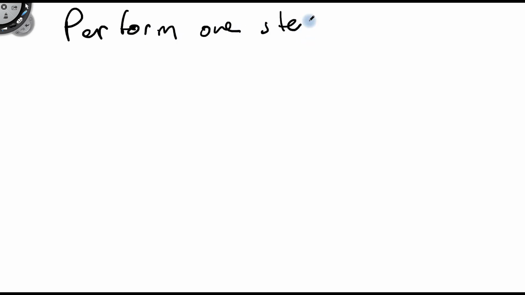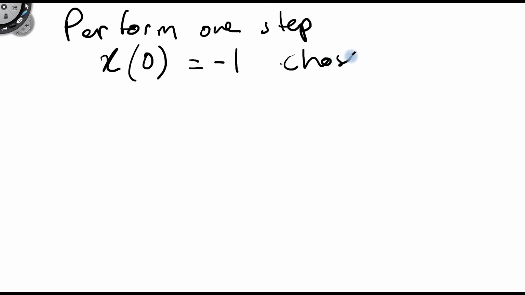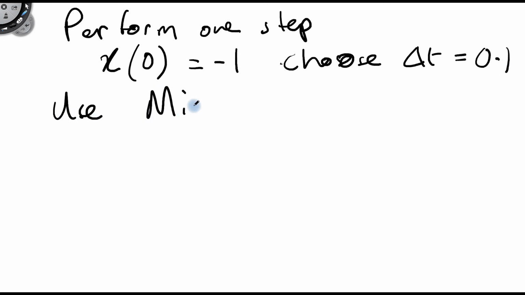So I'm just going to show you how to do one step of this by hand, and then you can use your MATLAB or whatever to iterate. So we know that x of 0 equals -1. That's our initial condition, and we're going to choose a time step. What we're going to do is use the midpoint method, the one we just considered.